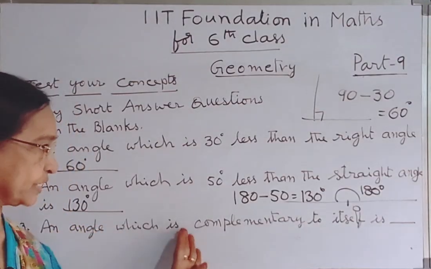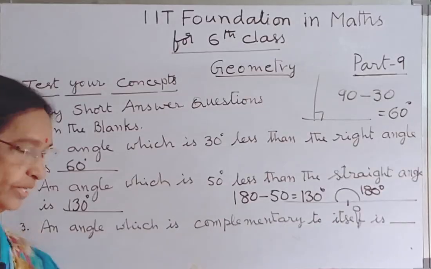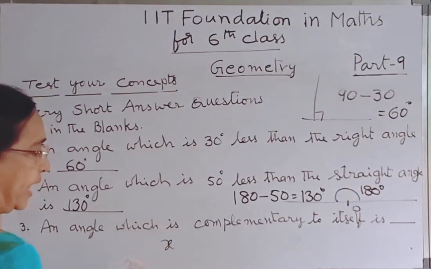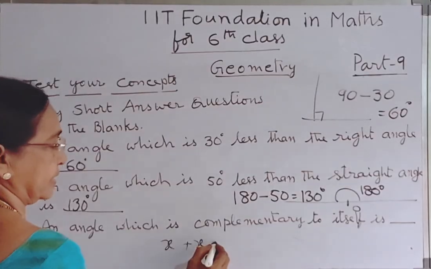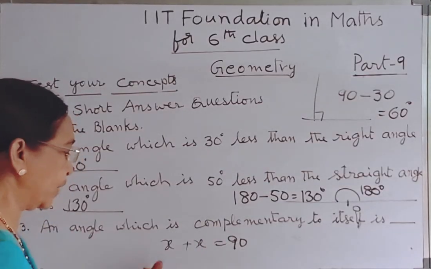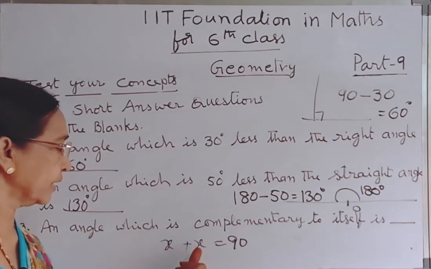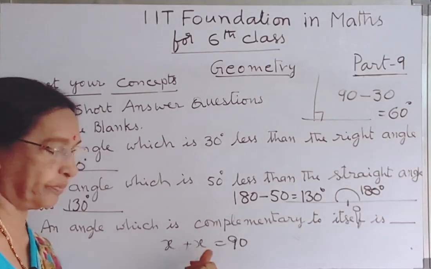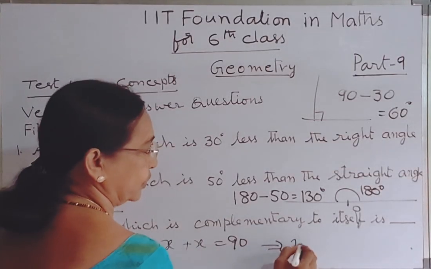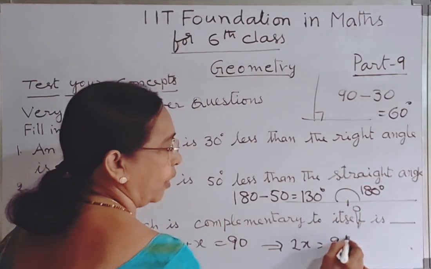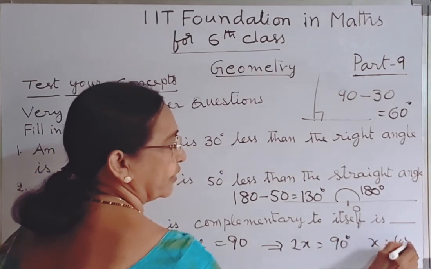Here, the angle is complementary to itself, so suppose the angle is x and its complement is also x. So x plus x is equal to 90 degrees. Therefore 2x is equal to 90 degrees, or x is equal to 45.